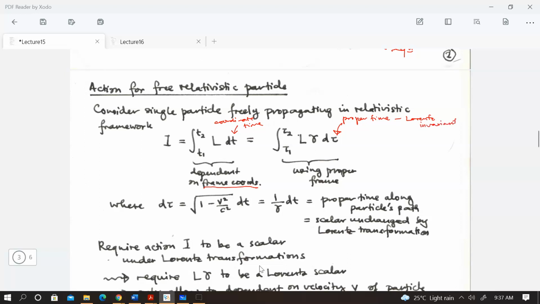Because the way we define it, I can't remember the precise expression, but the tau is related to your ds squared, if you remember. So in other words, by changing this, it will answer partly how to express your action in a relativistic form.